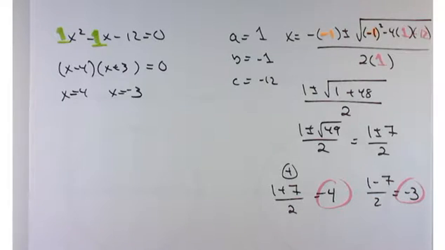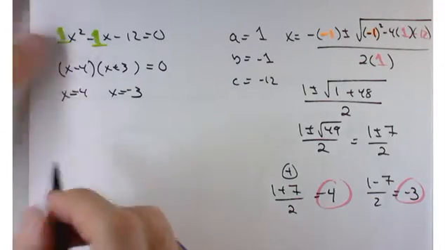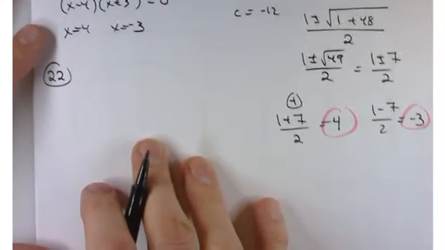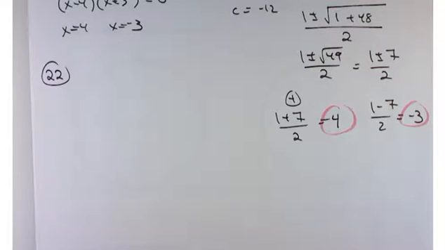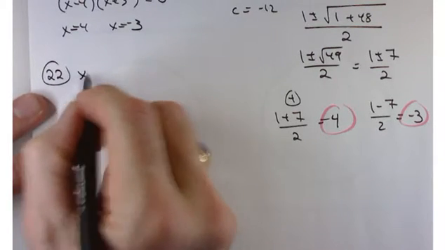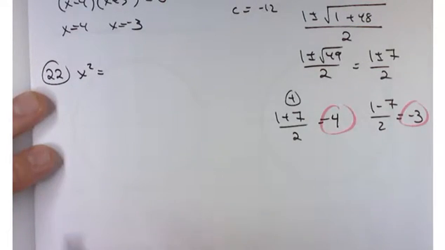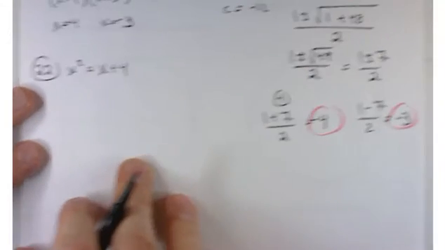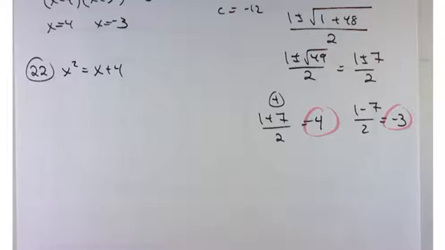Let's take a look at problem number 22. I'm going to write it with x's as opposed to t's, simply because t's and pluses are a little bit too close in my little modest attempt at writing. x squared equals x plus 4. Well, generally speaking, to solve our quadratic equations, unless you're using the square root property, you get 0 on one side to begin with.